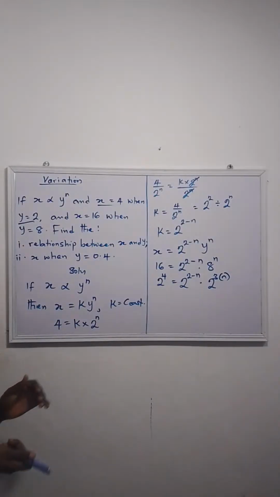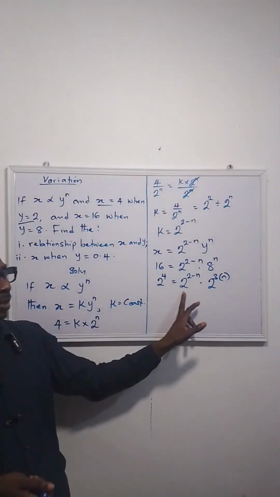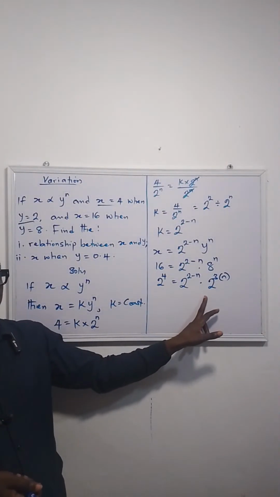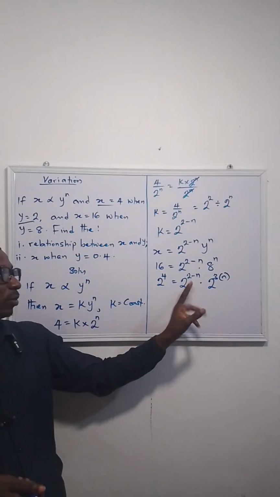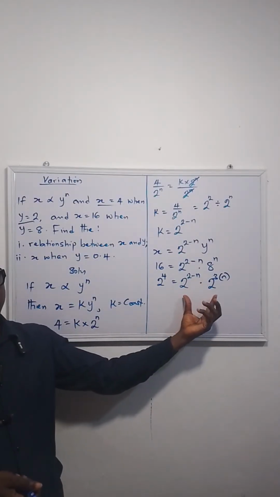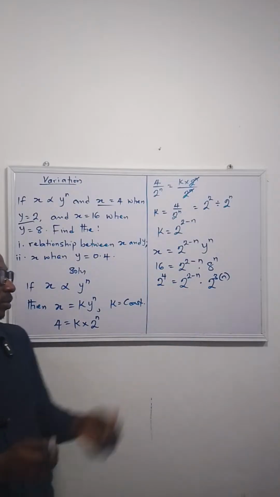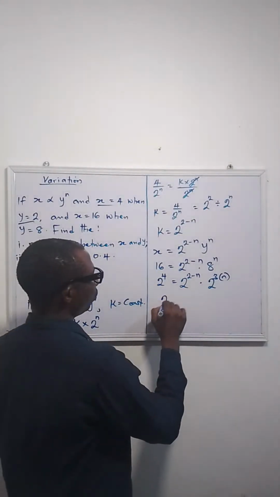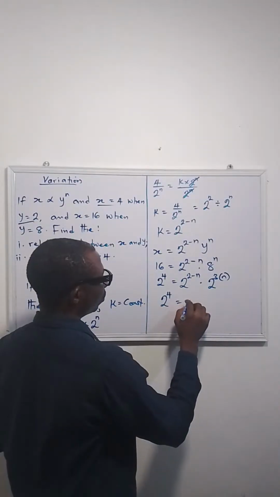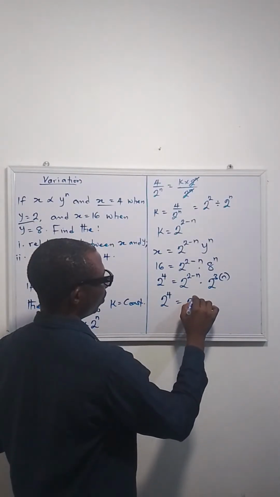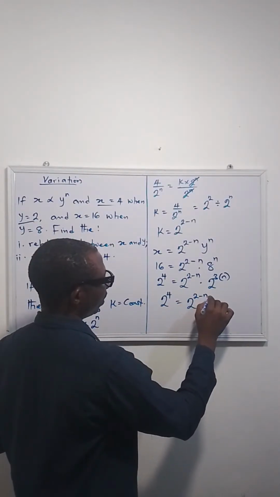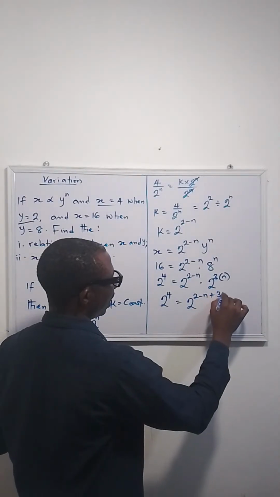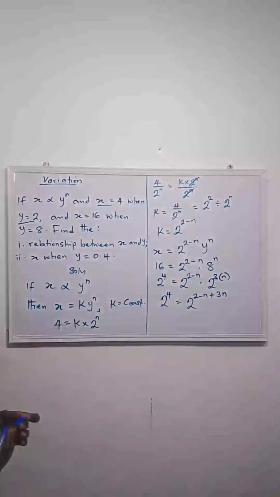Okay, so now we are joining this and this together using the law of indices. When multiplying, you add the powers together, provided the base is the same. So here we have 2 raised to the power of 4 equals 2 raised to the power of 2 minus n plus 3n. Hope you understand that.